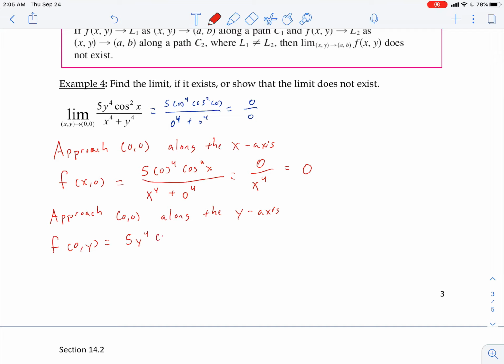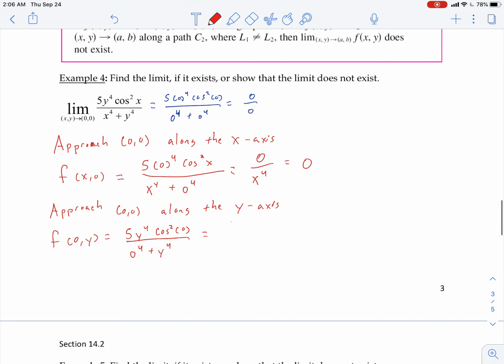So 5y to the 4th cosine squared 0 over 0 to the 4th plus y to the 4th. 5y to the 4th times cosine squared 0 is just 5y to the 4th over y to the 4th, which is just going to give me 5.